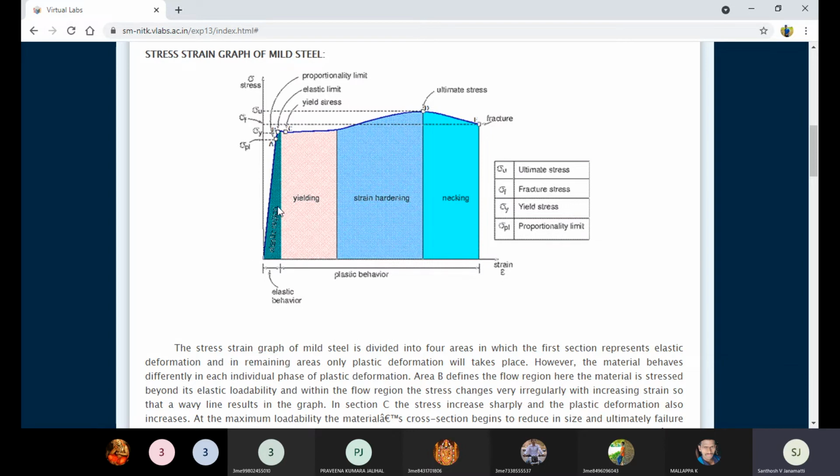So I can define stiffness here. Stiffness is the ability of the material to resist elastic deformation, right? That is what we call stiffness, because this property exists within the elastic limit.